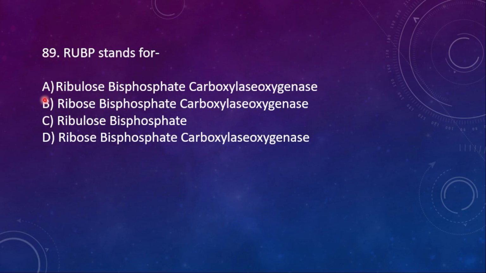RuBP stands for A, ribulose bisphosphate carboxylase oxygenase. B, ribose bisphosphate carboxylase oxygenase. C, ribulose bisphosphate. D, ribulose bisphosphate carboxylase oxygenase. Here the right option is option C, ribulose bisphosphate.